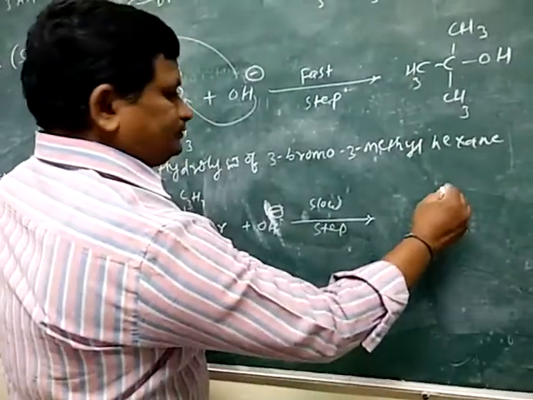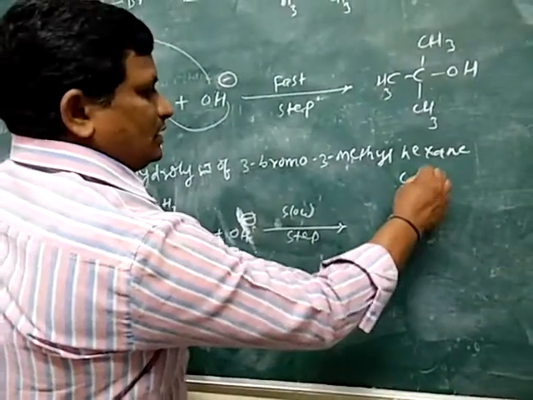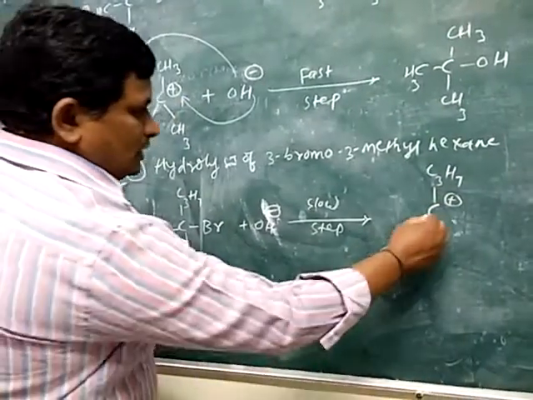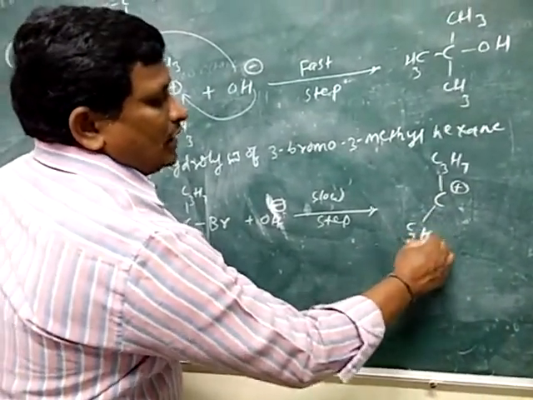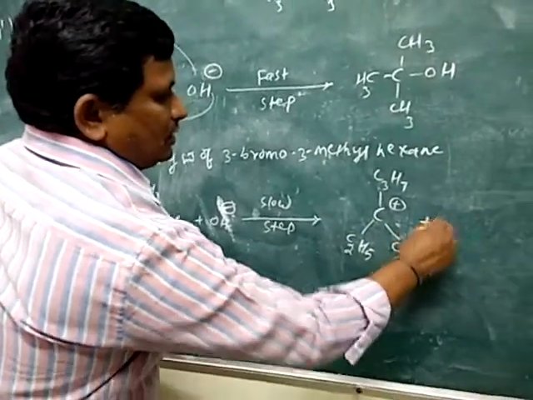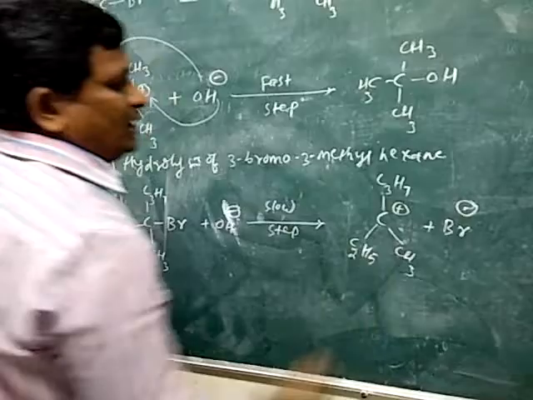The carbocation has a carbon with positive charge, bearing C3H7, C2H5 and CH3, plus Br minus.